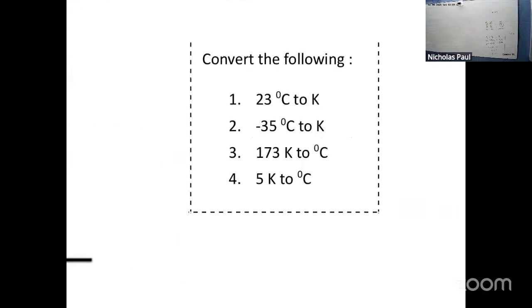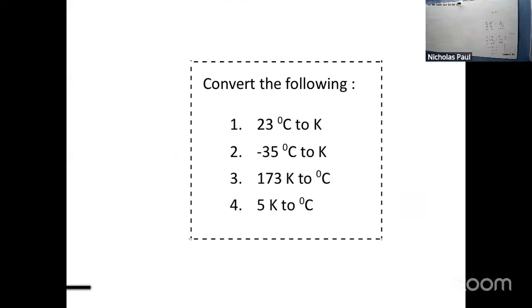All right. Try these four, class. Try these four. Convert those to Kelvin.